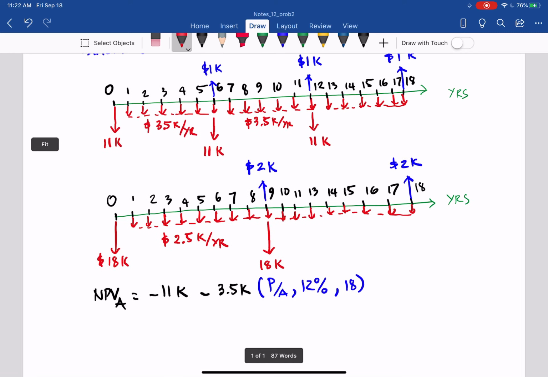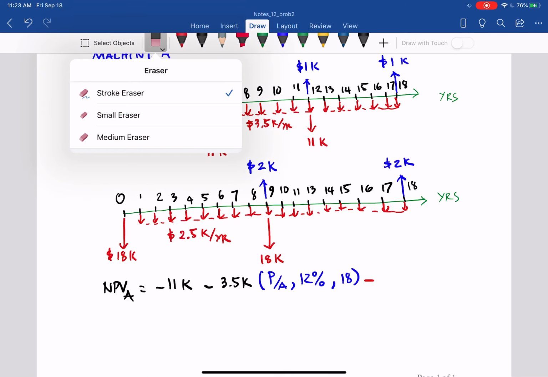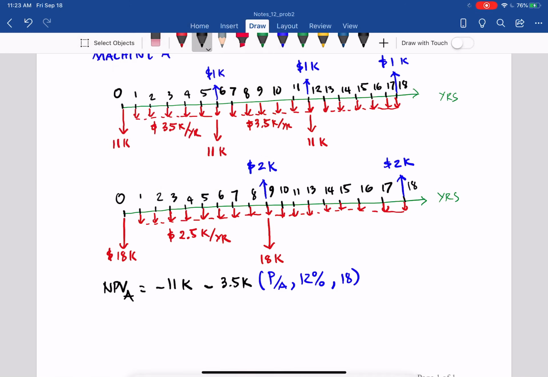So at year 6, I spend 11,000 and the service value is 1,000. So with that, we have a negative 11,000, but I receive 1,000 service value at year 6. So minus 1,000, and then times the factor. It will be one single amount at year 6. So P over F, 12%, and then we have 6 years.